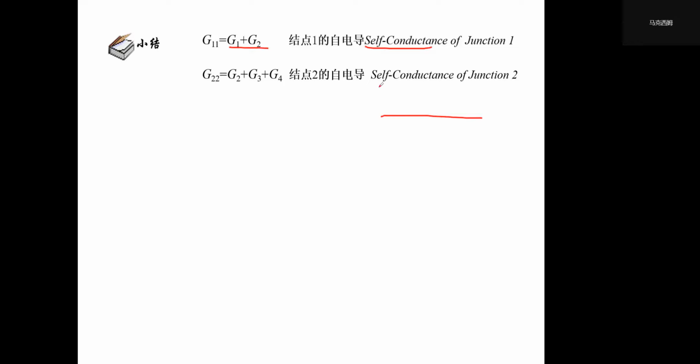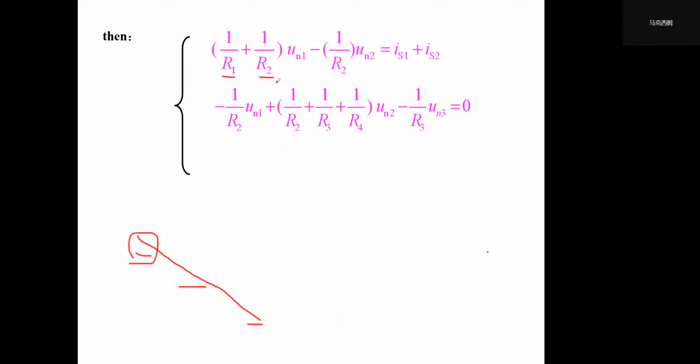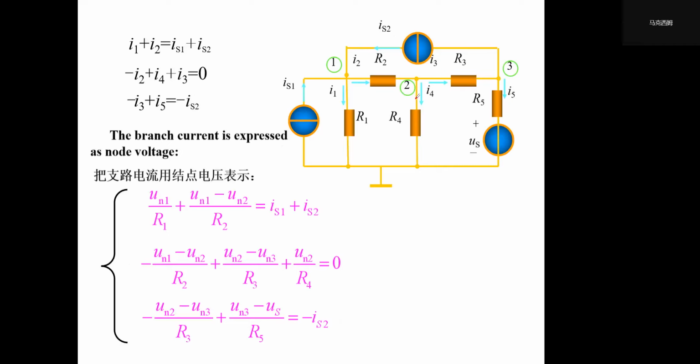And G22 is the self-conductance of junction 2. It's made up of G2, G3, G4. Let's go back to the circuit. Node 2 has R2 here, R4, and R3 here.